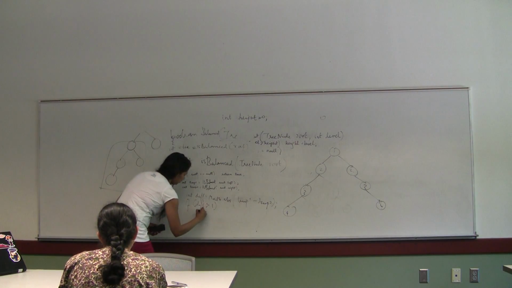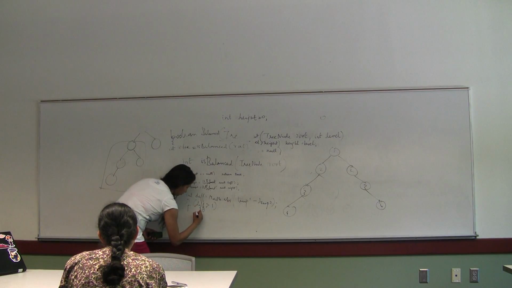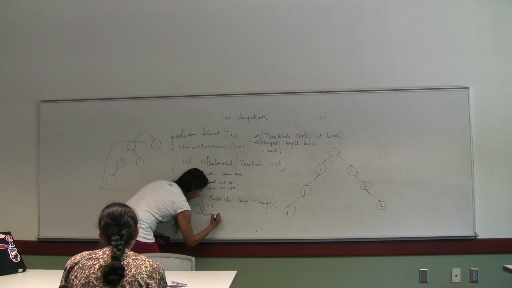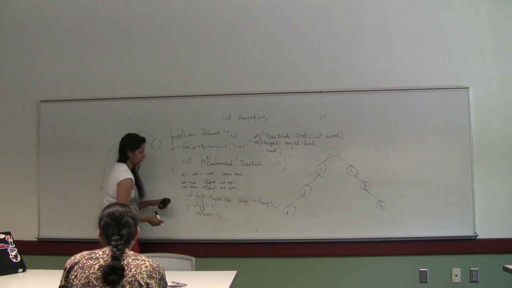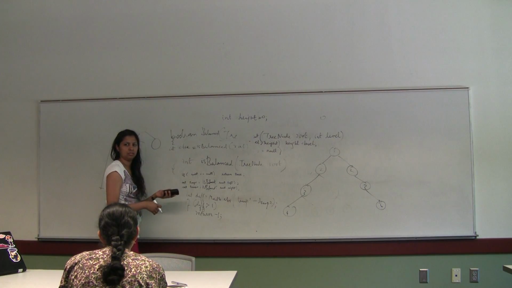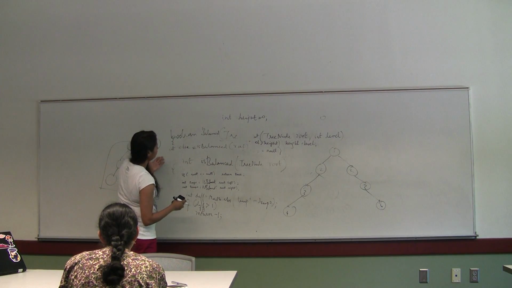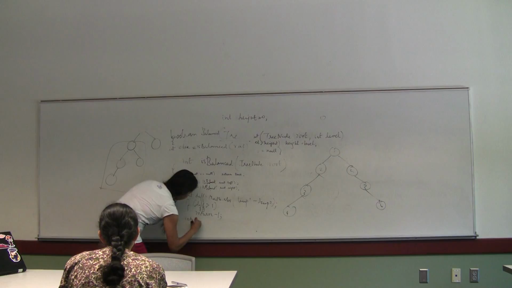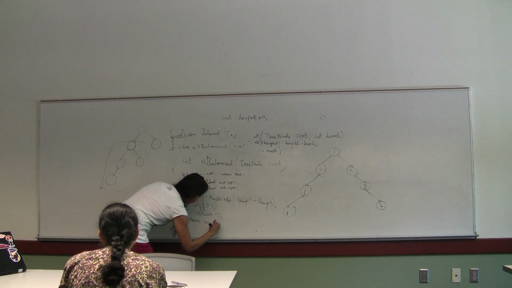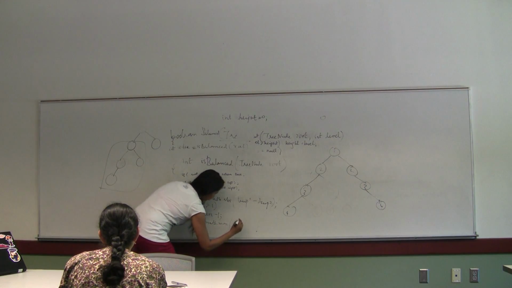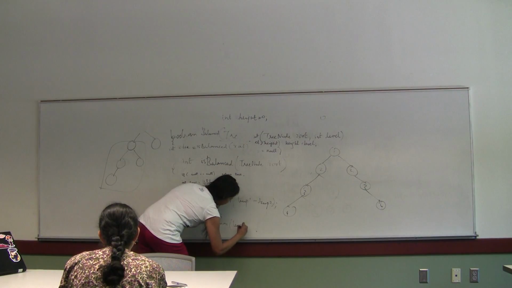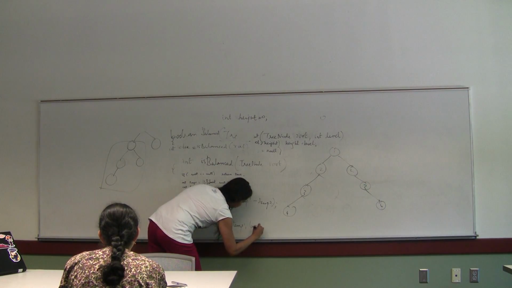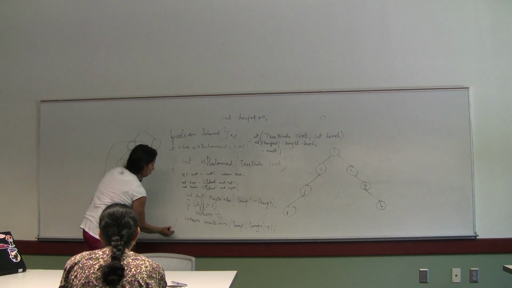For my reference, I had said that a value of -1 indicates that it's not balanced. Else I'm going to just return Math.max of temp1 comma temp2 plus 1.